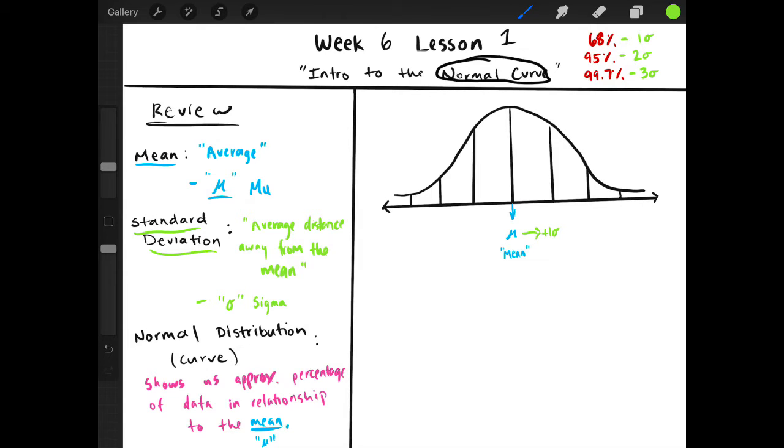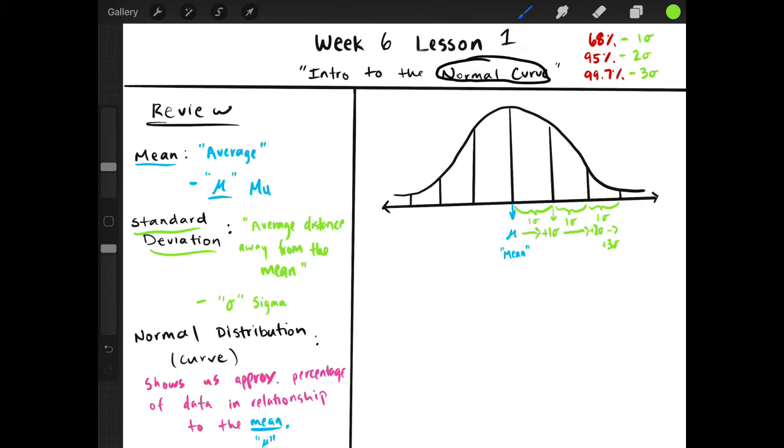If we go to the right 1 more on these lines, now we're adding 2 standard deviations from the mean. One standard deviation is the jump each time. So then we go another jump to get to this third line, we're at adding 3 standard deviations, and that gets us to the end.